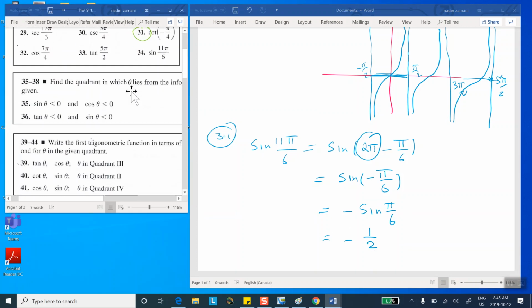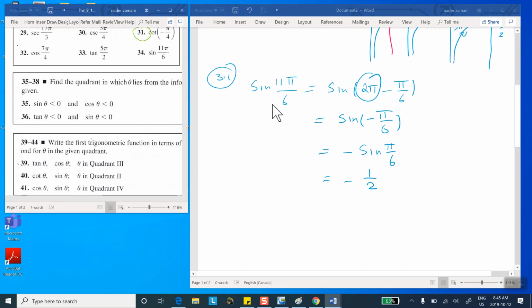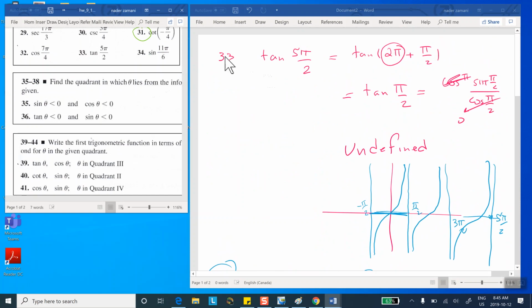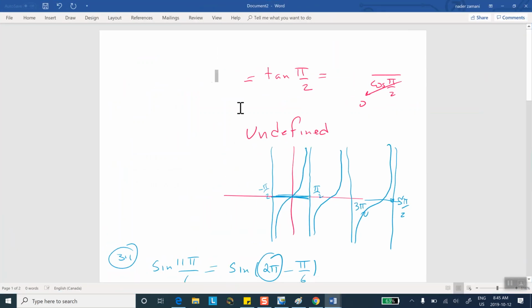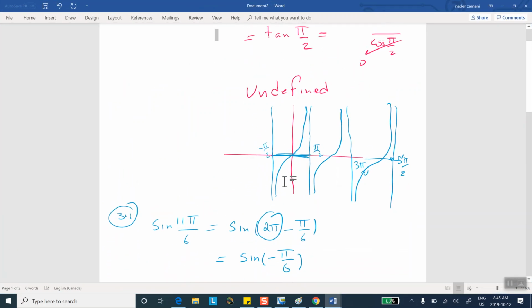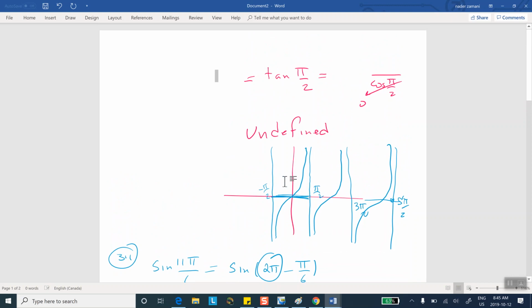Okay, so let's move on to the other problems. I don't know how I get to these pages, so let me see. This entire page, I want to delete these pages. Okay, I see.